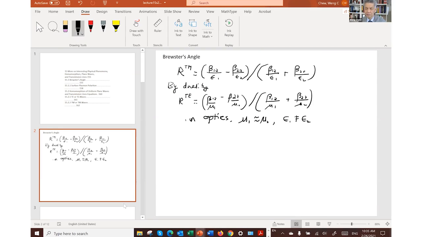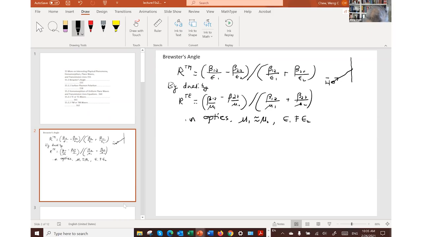quite different physics. Another mnemonic that I help you with is that for the TM reflection coefficient, you have epsilon_1 and epsilon_2, but for the TE one, you don't have epsilon_1 and epsilon_2, but you have mu_1 and mu_2. The reason being that a TM wave is defined to be a wave where the magnetic field is parallel to the interface.